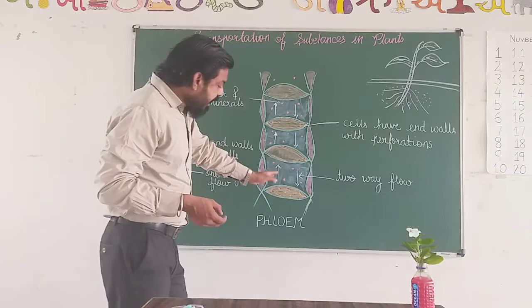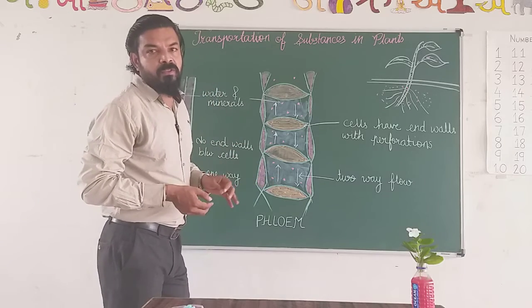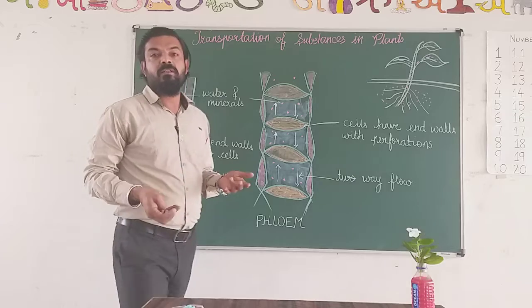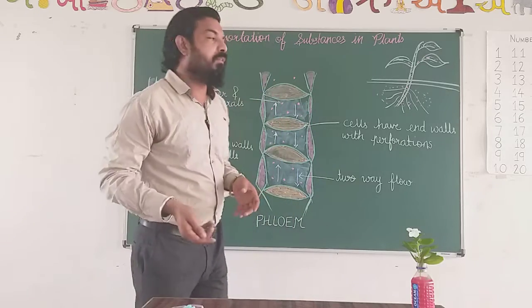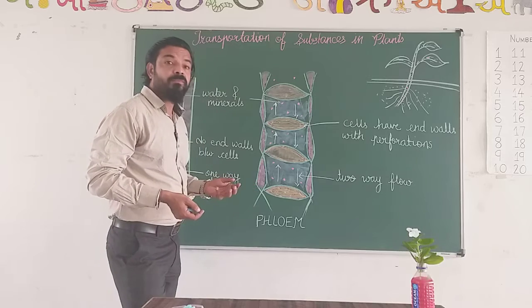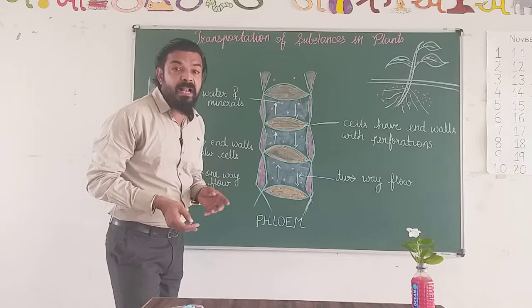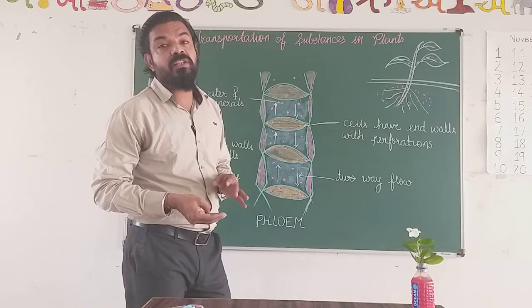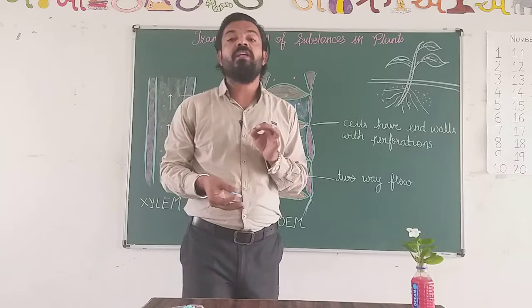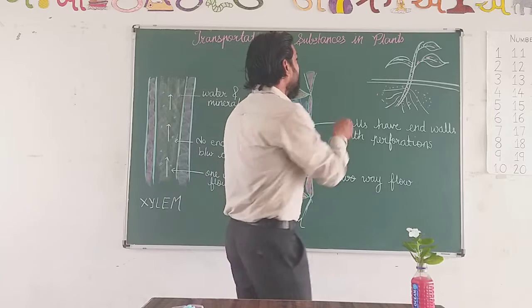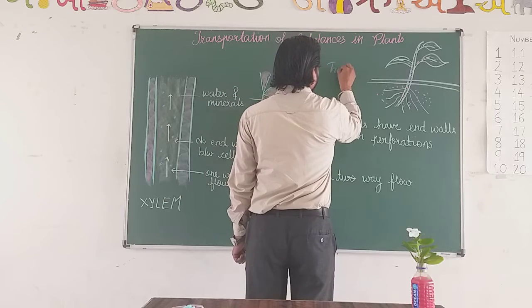In the next diagram, we have the phloem. What is the phloem? It is also a vascular bundle made of tissues. Okay, a vascular bundle which helps in the transportation called translocation.